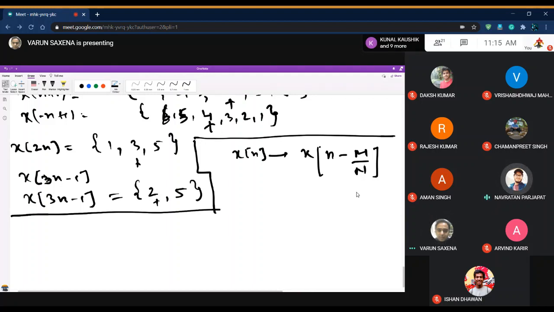I think firstly we need to multiply by capital N to n, and then we need to shift by M and then divide by N. So the first thing that you do, tell me the operation that you perform. Tell me in terms of the operation.